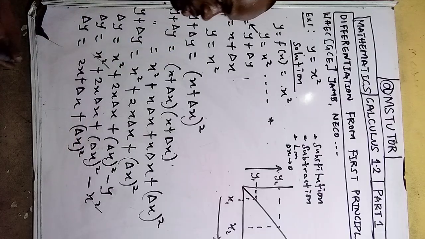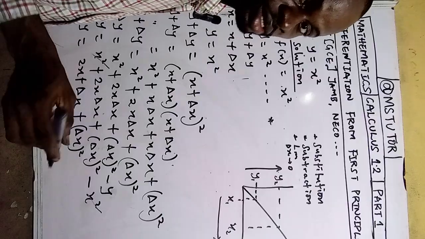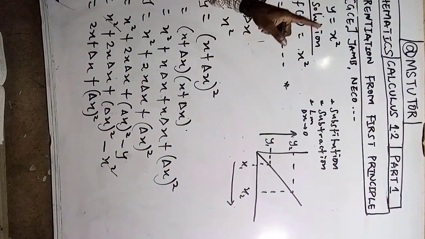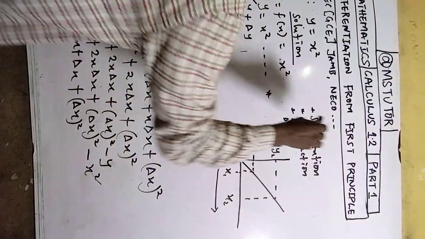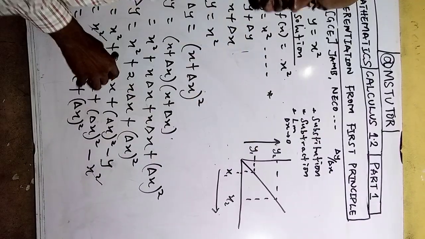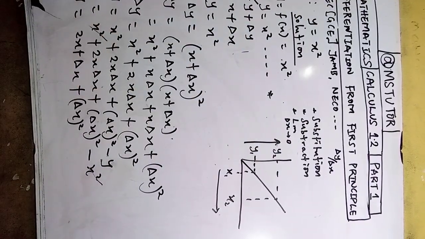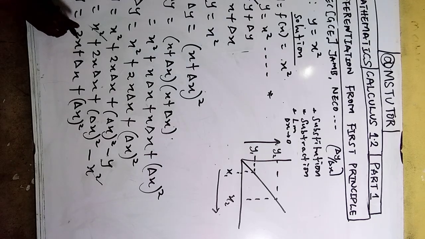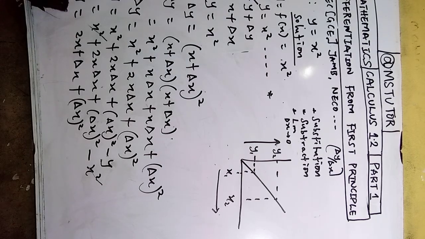Then the next thing to do, remember that our major aim from the start is to find dy dx. That's our major aim. So what do I do here now? You divide through by what? dx.